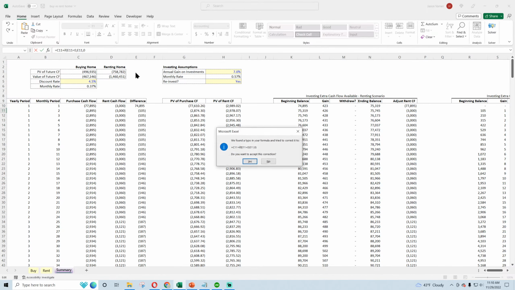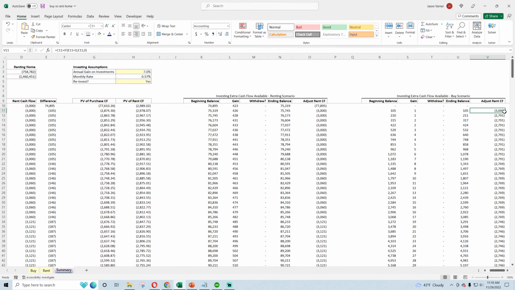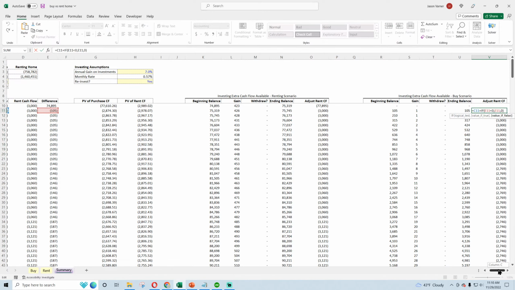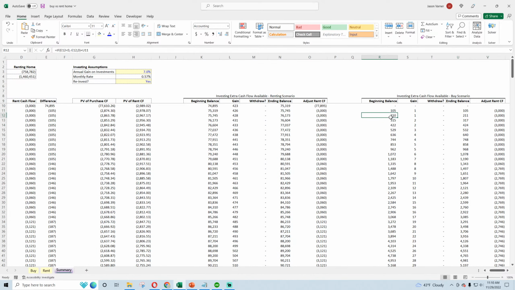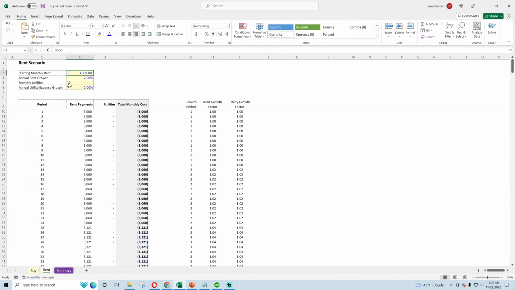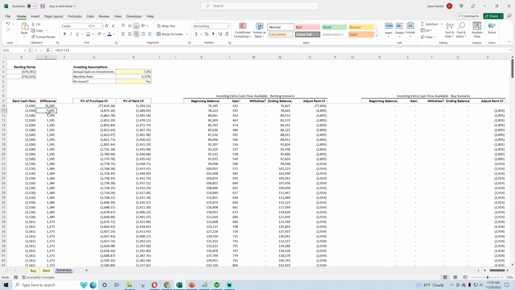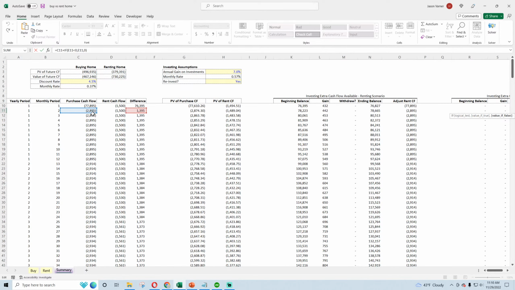Wait. Okay. So for now, this does make sense. Our cash flow is 3,000 and we are investing that difference. But let's see what happens when this is reversed. So now it's cheaper to rent per month. Now our cash flow should just be whatever it is for the house.